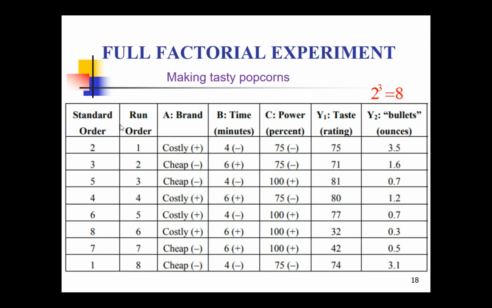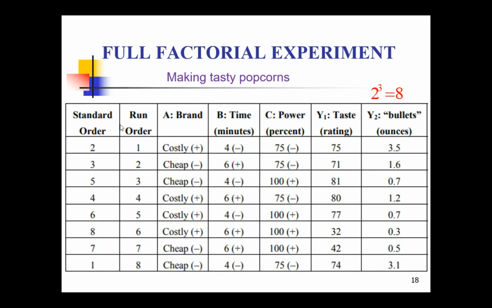In time, I have 4 minutes and 6 minutes. In the power, 75% and 100%. So 2 power 3, because I am having 3 inputs, that is k is equal to 3 and number of levels is 2. So 2 power 3, the number of experiments is 8. So this becomes a full factorial experiment.